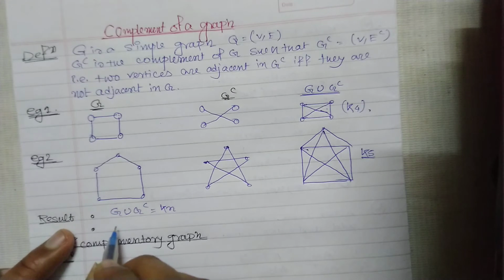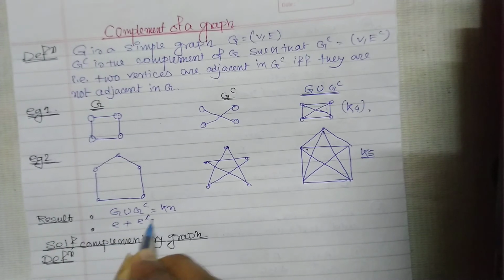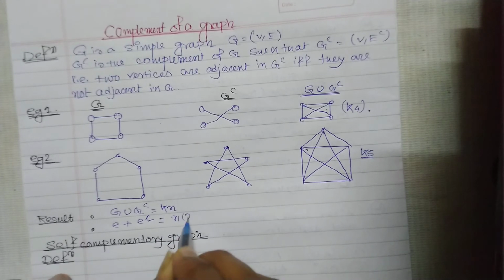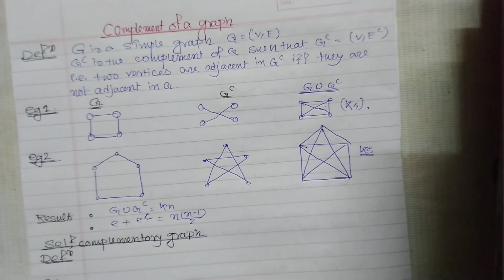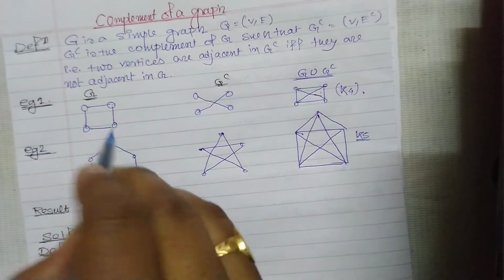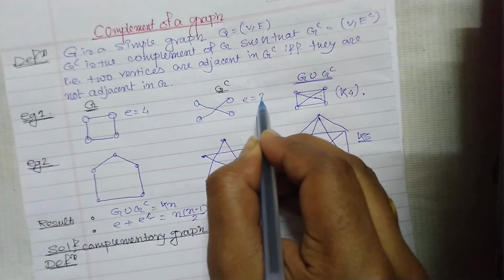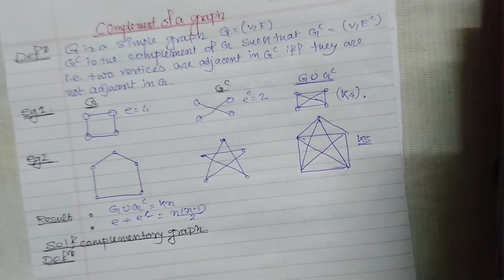And we can write this as: E plus E complement is equal to n into n minus 1 by 2. I'll explain this. You can see the number of edges E is equal to 4 and E complement is 2.